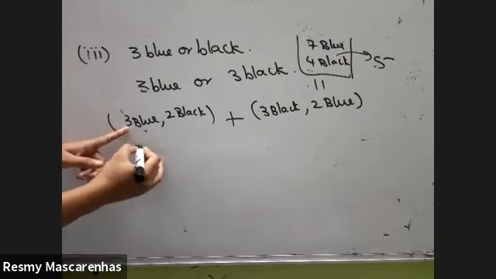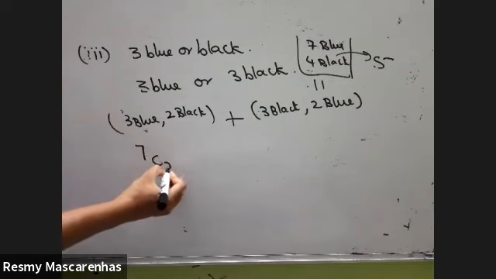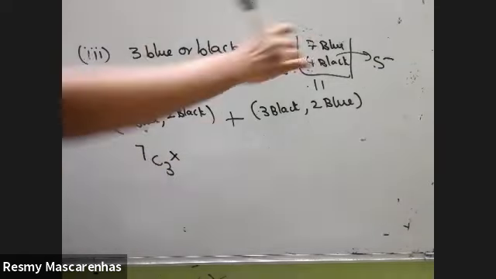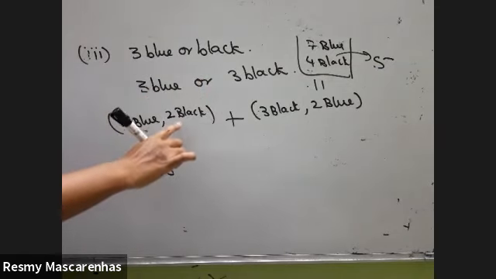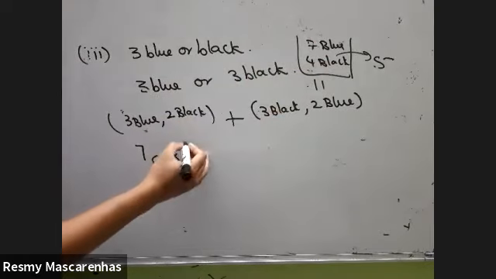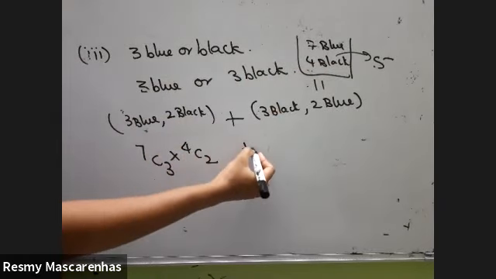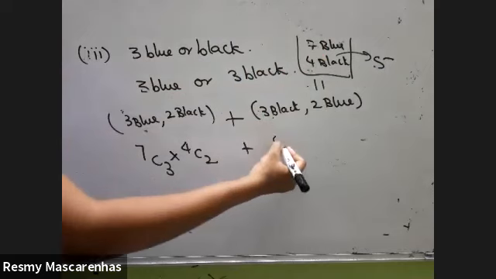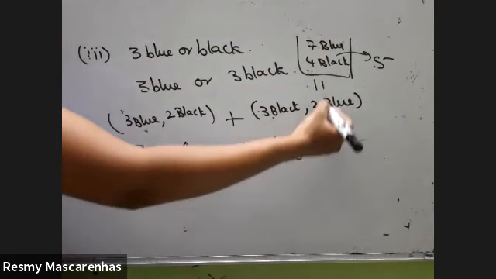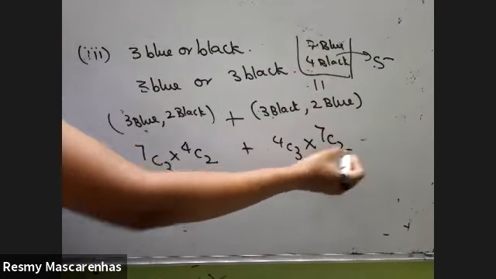So what are the options? 7C3 means blue will be 7 options available, and 2 black, meaning out of 4. Or 3 black out of 4, and 2 blue out of 7.